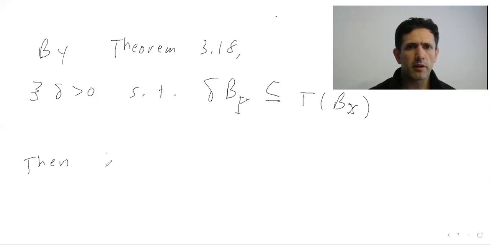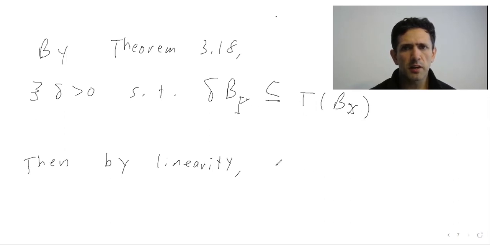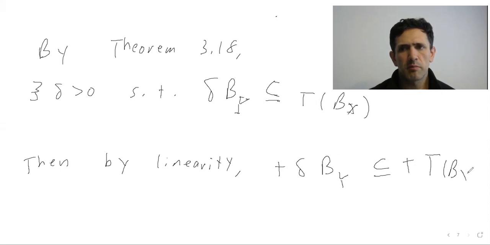Why? Well, we can use linearity, and if any of this looks funky, definitely check it. So by linearity, let's multiply both sides by t. Really dilating both sets by t. So this is a subset of T of t times the ball in X. Well, by linearity, this is just, again, check this if you have any doubts.